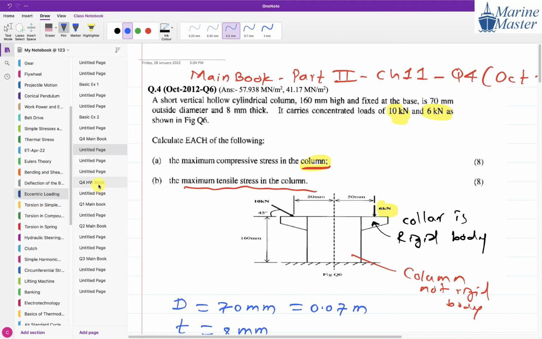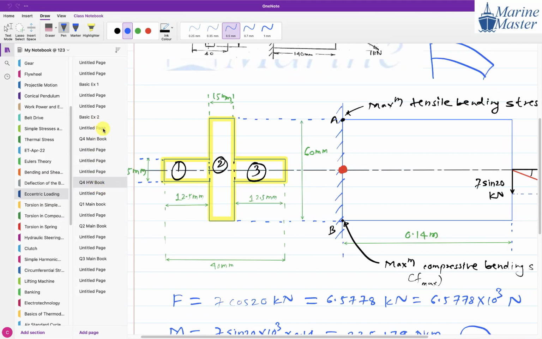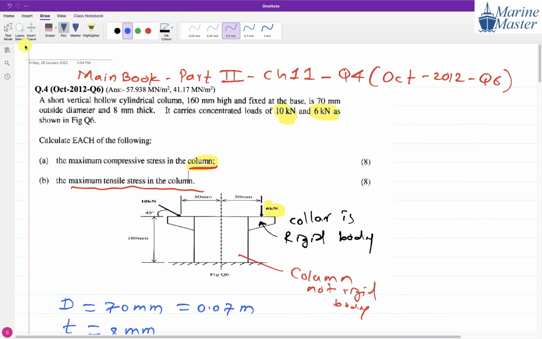Now everyone, the next question, guys. Excuse me, sir. Yes, sir. Sir, in this problem, this is an extra question. Can there be any question asked where the summation of F of x component will be in use? The F of x component, 10 cos 45, will it be in use?